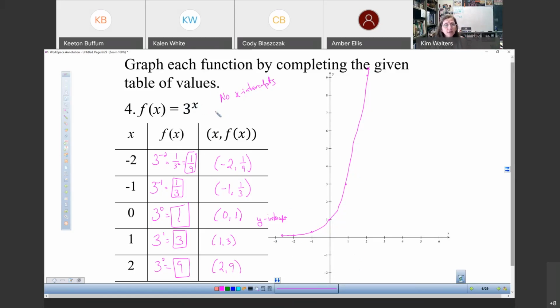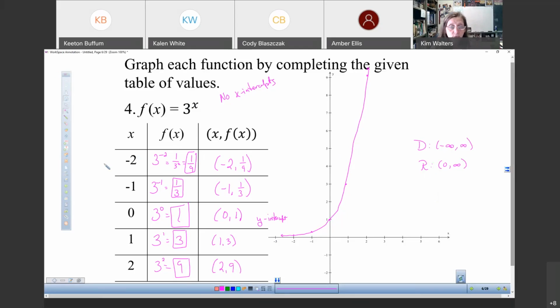The domain for these functions is all real numbers. The range for these functions is a round bracket 0, because it can't ever be equal to 0, to positive infinity. Okay, so watch out for that. The range is never going to have a square bracket on it. It's always going to have that nice round bracket.